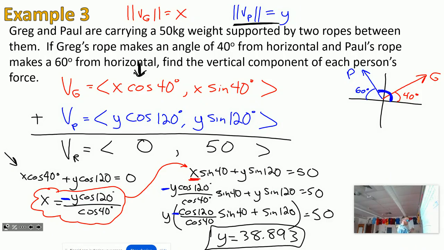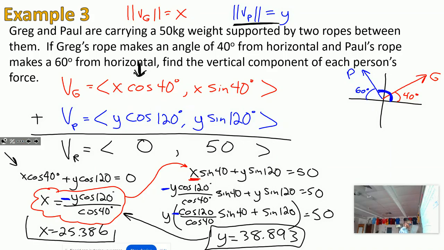You can take that value of y and plug it in anywhere, but I think it's easiest in this red bubble I drew over here. Just plug in for y, and you'll get x to be 25.386.